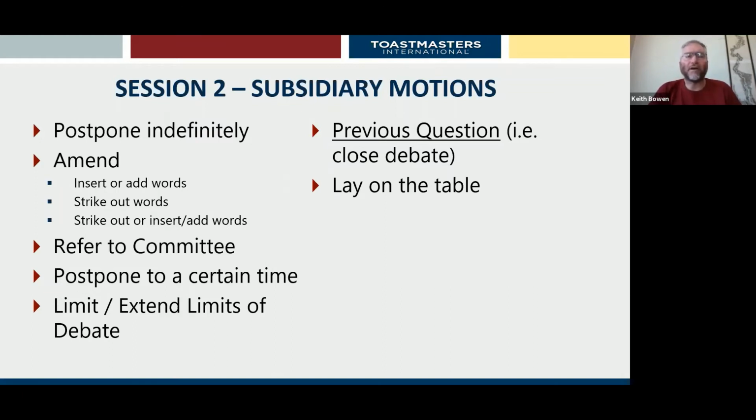An important one is limiting or extending the limits of debate. It can be abused, and it's something you have to be careful of, which is why it actually requires a 2/3 majority. If a debate is about to happen, and it looks like it's going to be a lengthy one, someone in the meeting can say, I move that we only allow 10 speakers to this particular item, or we limit the time to 3 minutes or 2 minutes or whatever it is.